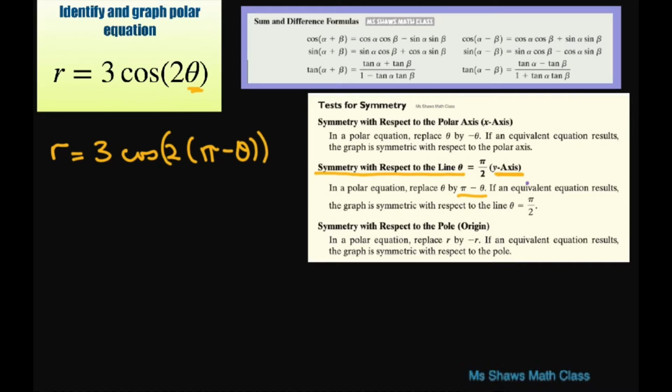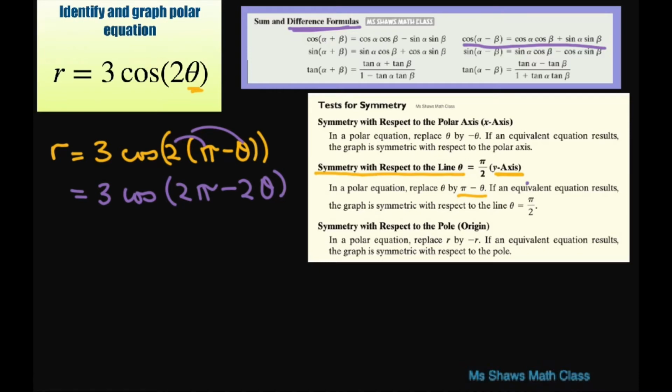All right, this is going to give you r equals 3 cosine of 2 pi minus 2 theta. We're going to use our difference formula for cosine and expand this.